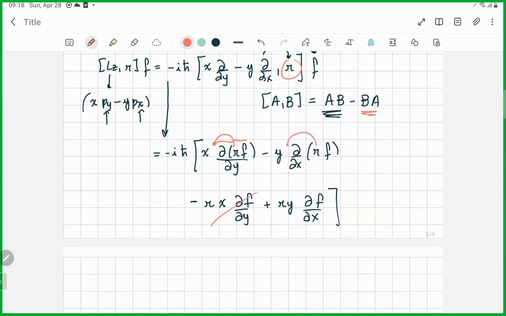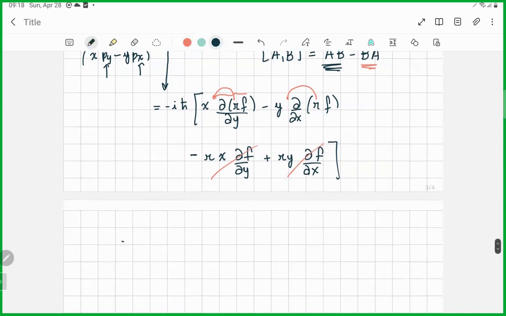When you take this out, this derivative that survives in f will cancel with this one. So the only thing that will survive in that story, let's write it here, is the x of the derivative in r with the f outside, and the y, the derivative in x of r, with this f outside.